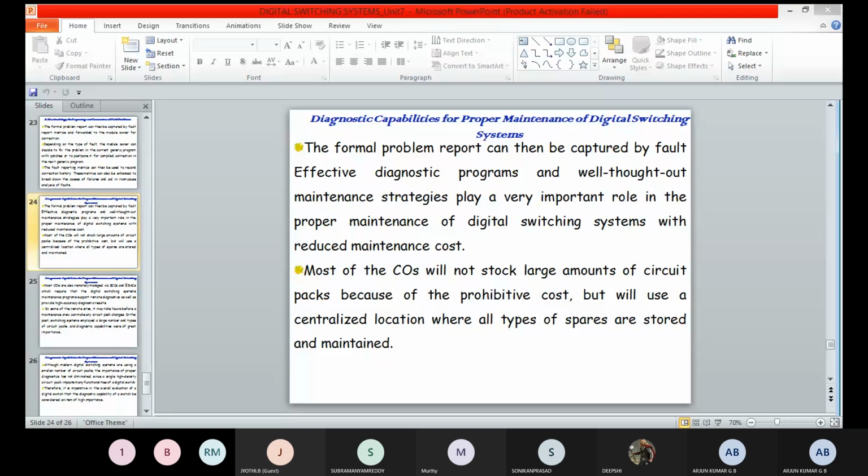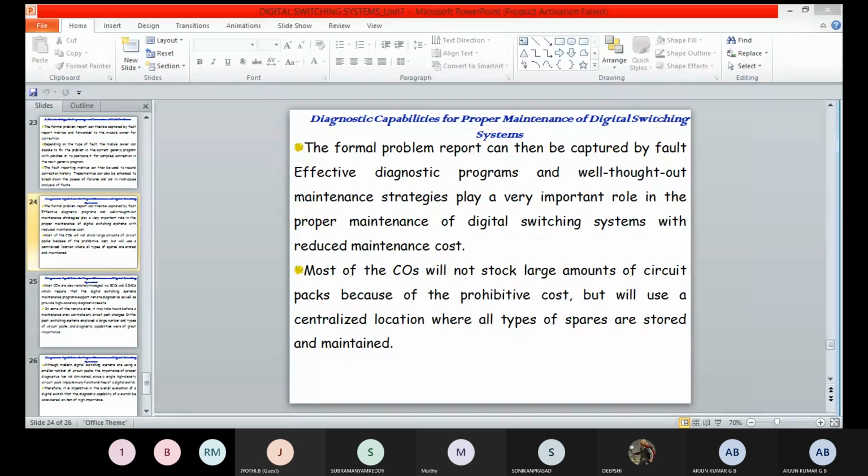Depending on the type of fault, the module owner can solve these problems in the present generic program. We use patch coders to resolve particular problems. Otherwise, they postpone them to the next generic program release. So the module owner has two options to solve these issues.